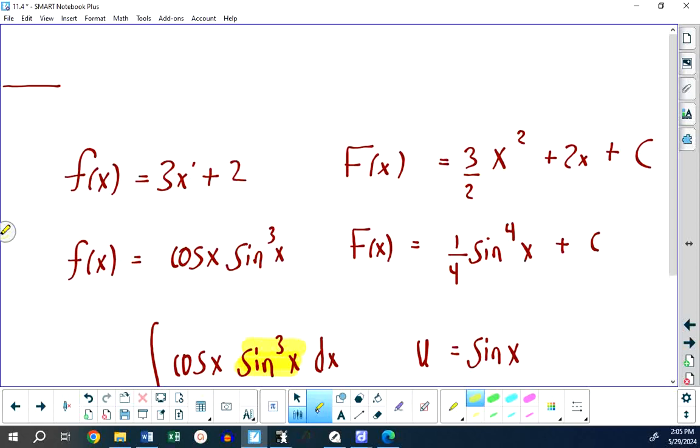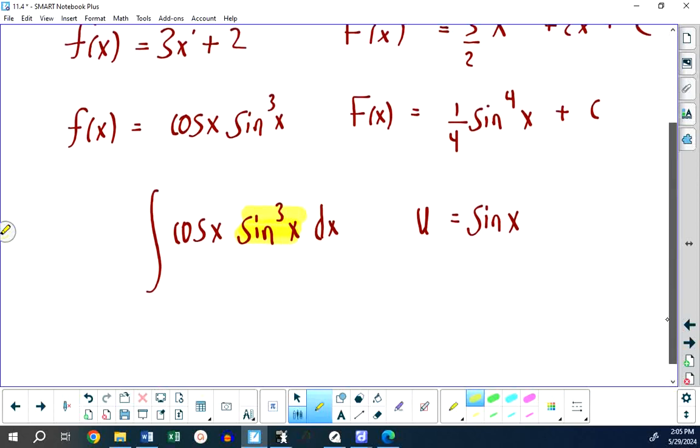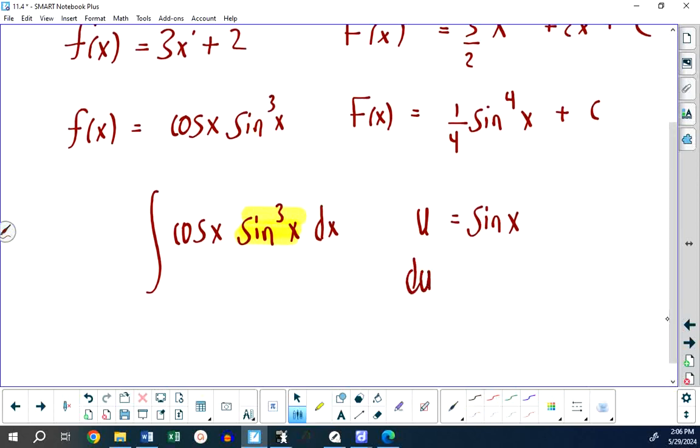We're replacing the argument of that power, the argument being sine of x, with u. And then we say to ourselves, well, what is du? The derivative of u is cosine of x dx, and that means that this is going to be replaced with du.